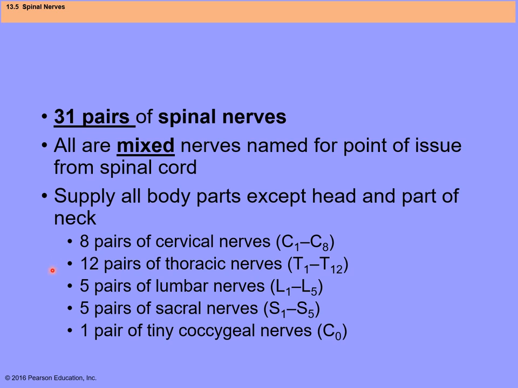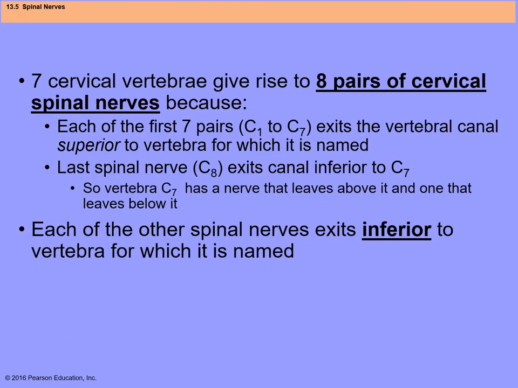You have 12 pairs of thoracic nerves, 5 pairs of lumbar nerves, 5 pairs of sacral nerves, and just 1 pair of the coccygeal nerves, which are quite small. So like I said, you've got the 7 cervical vertebrae, but you have the 8 pairs. You've got C1 nerve, C1 vertebrae, C2 nerve, C2 vertebrae on down.